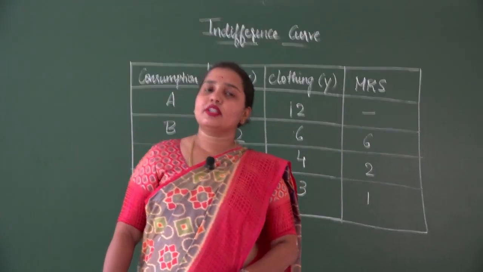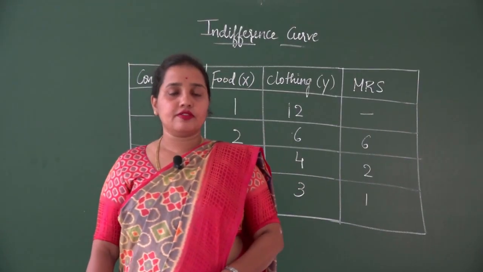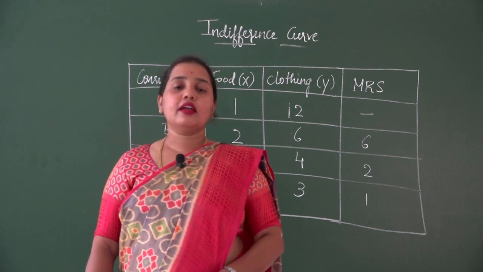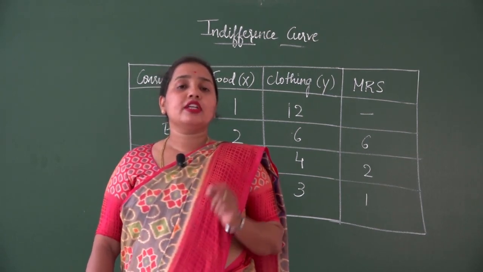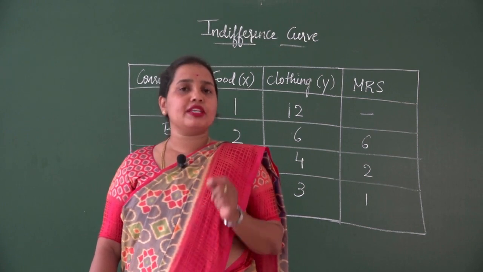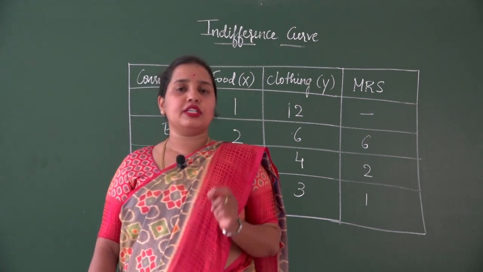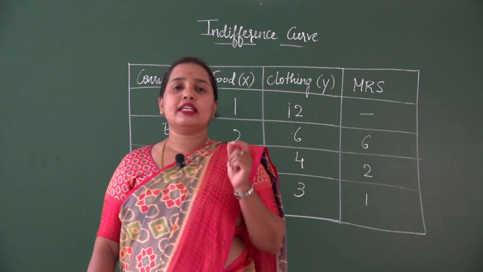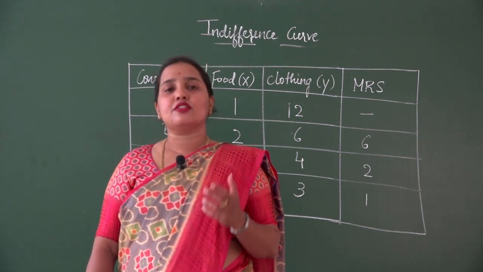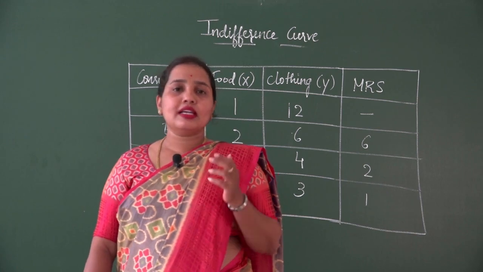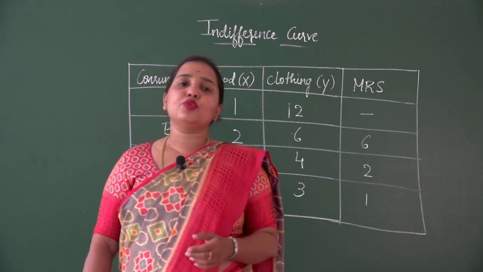We started understanding indifference curve by saying that an indifference curve is a curve on a graph that shows various combinations of two commodities or two goods that gives the consumer equal satisfaction or utility.